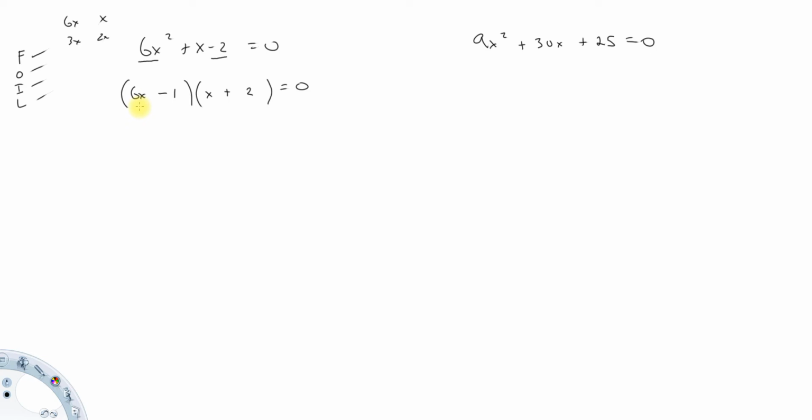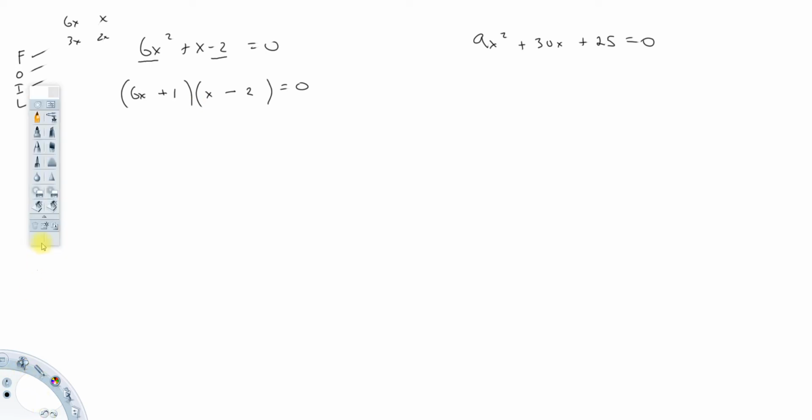And really what you have to check at this point is your outer and inner terms. 12x and minus x, that's nowhere even close to this. So we say, well, maybe we messed something up here. So maybe we're going to try plus and minus. Minus 12x plus this, that doesn't work either.